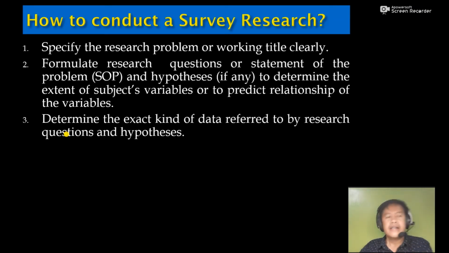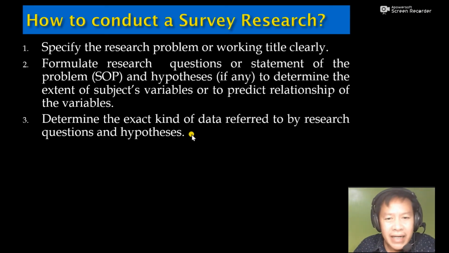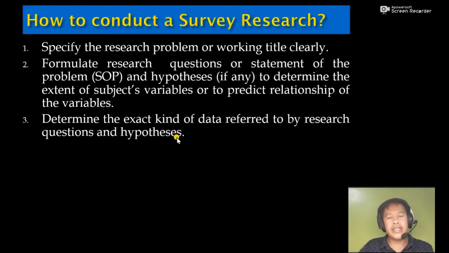The research that we are conducting is either descriptive or comparative. Number 3, determine the exact kind of data referred to by the research questions and hypothesis. Take note, through your statement of the problem or research questions, we can determine what type of survey questionnaire we are going to prepare. Is it a checklist? Is it a Likert scale?